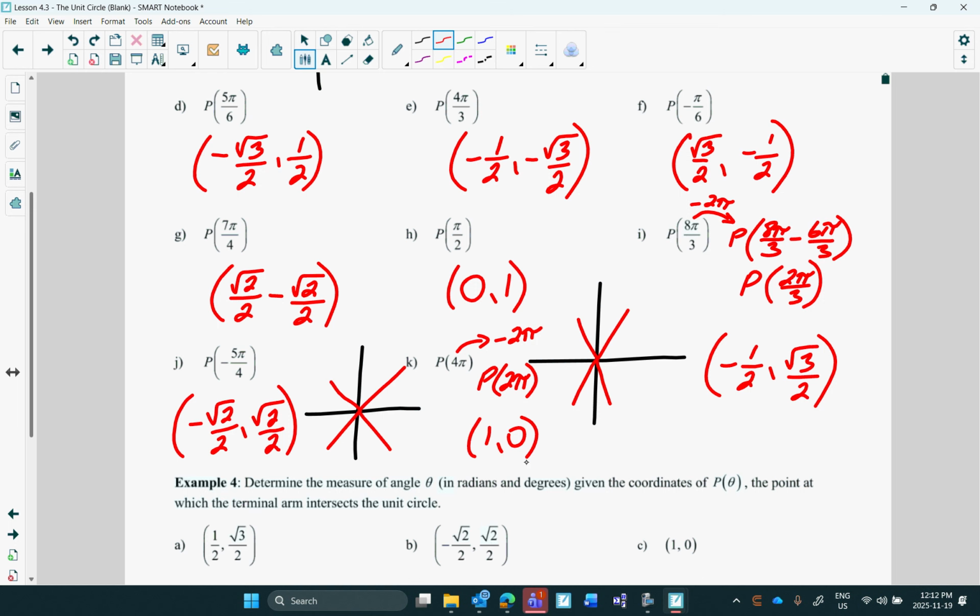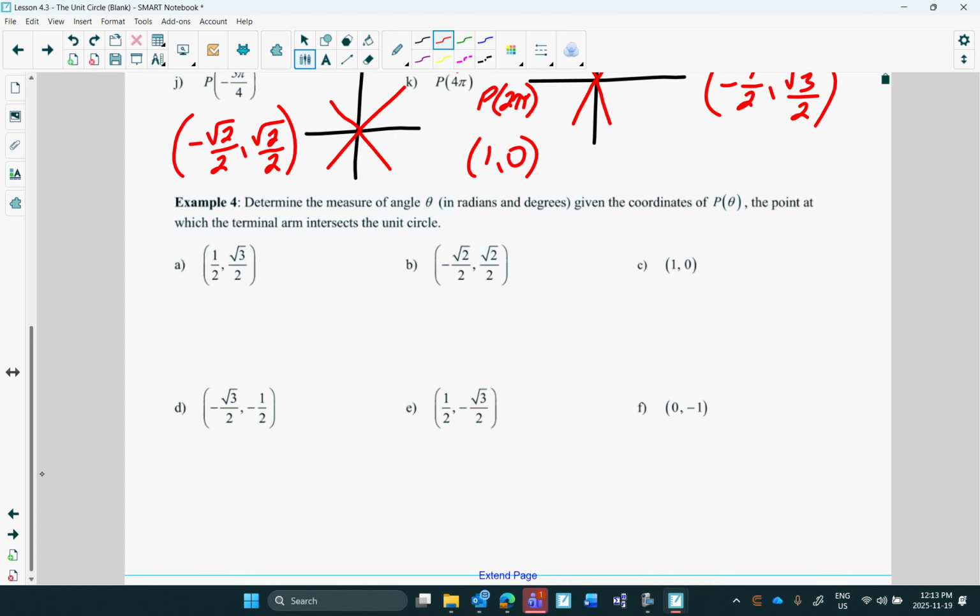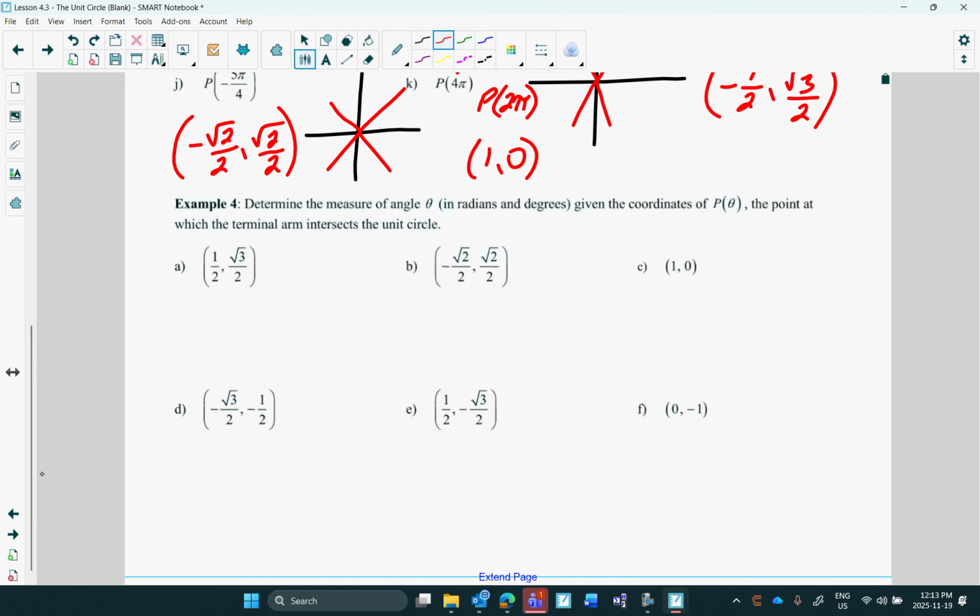And finally, just going the other way. This is a little easier. Answer in both degrees and radians. So 1/2 comma root 3 over 2: 60 degrees or pi over 3.